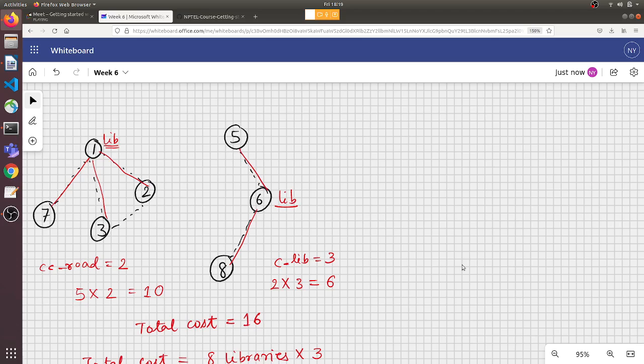Of course, you can add more libraries, or construct a road which was not needed. So those are unoptimal, but this is the optimal. Cost is 16. Is this clear? Do you have any questions?